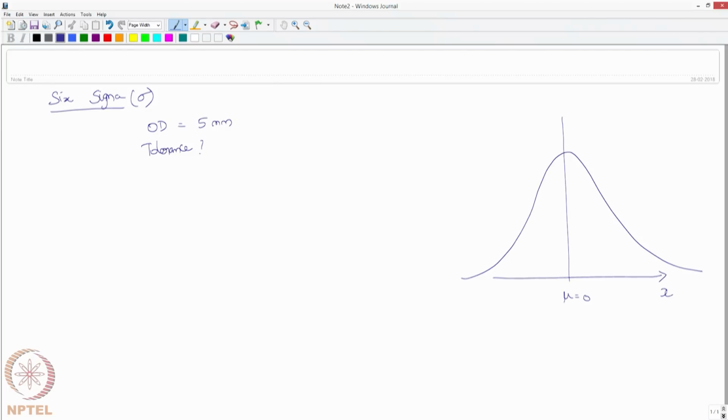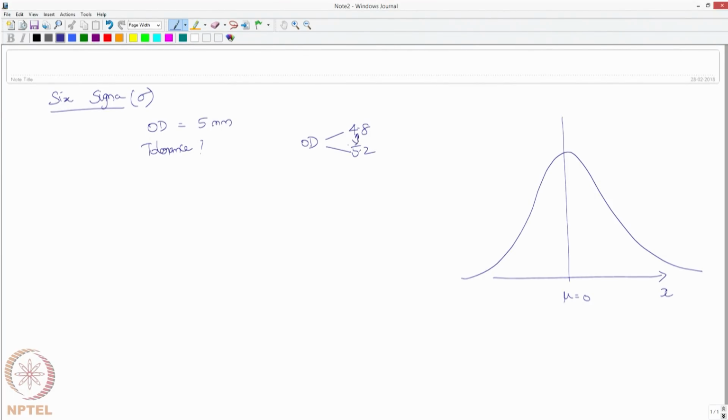So, you say okay, my OD I preferably would like to have at 5 mm, but I can accept anywhere between 4.8 and... no, sorry, this is not the way to write it. Okay. So, the OD should be between 4.8 and 5.2, between these two limits.